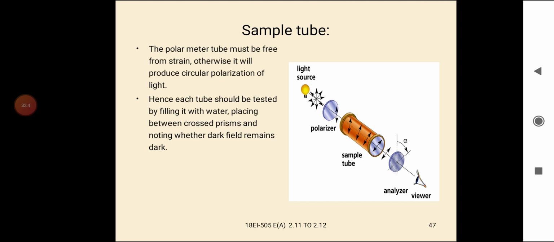Hence each tube should be tested by filling it with pure water and placing it between the crossed prisms, noting whether the dark field remains dark.